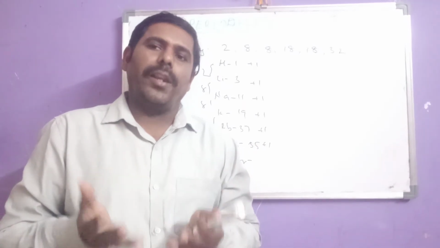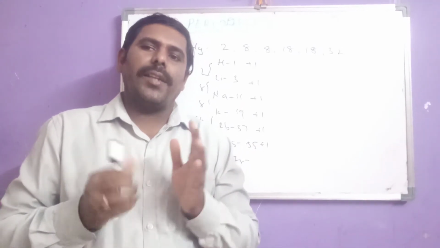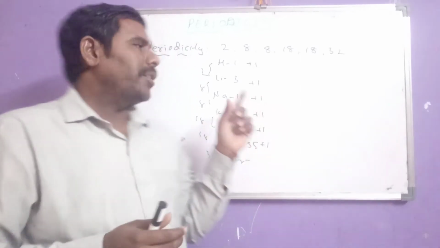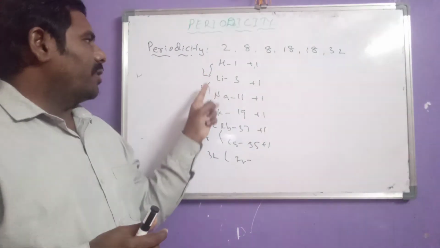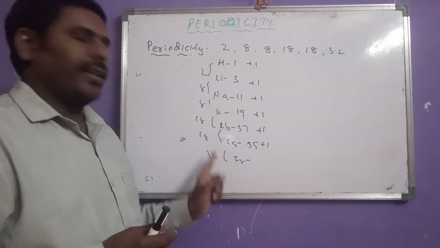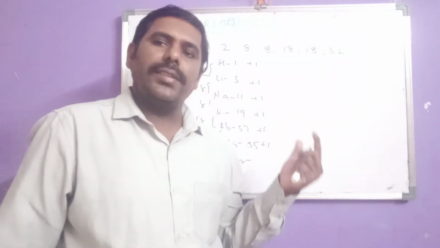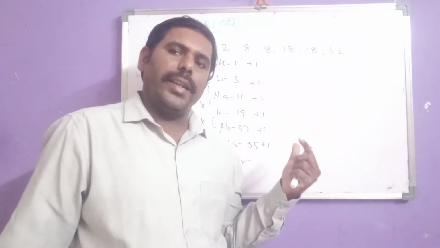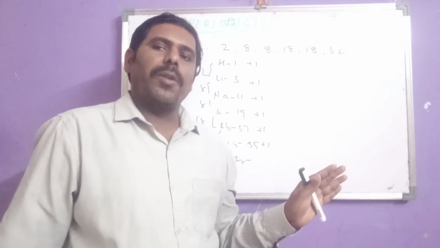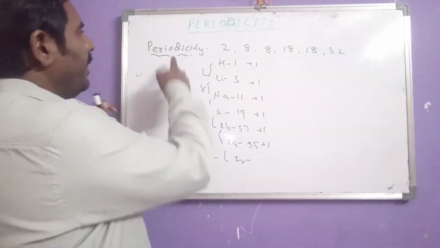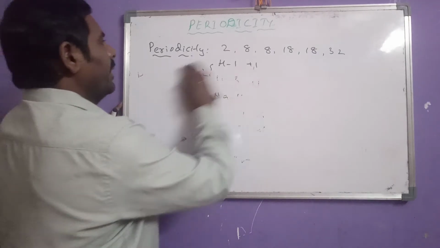Let us take this as a periodic property. Plus 1 is a property that repeats again and again in the periodic table at regular intervals of 2, 8, 8, 18, 18 and 32. So the properties which repeat at regular intervals of 2, 8, 8, 18, 18 and 32 are called periodic properties, and that trend is known as periodicity.